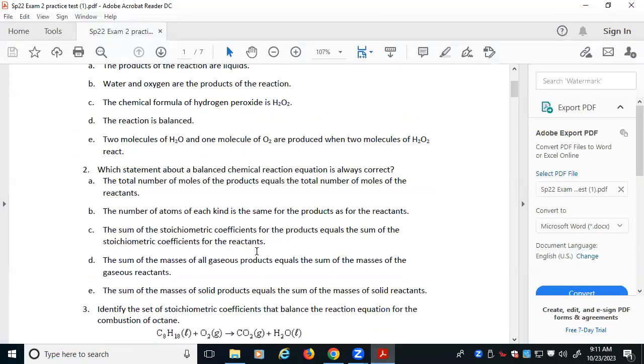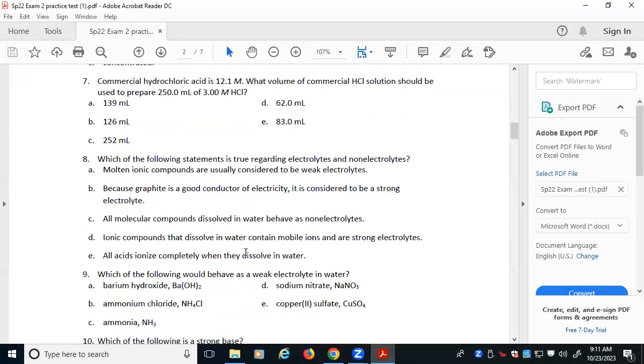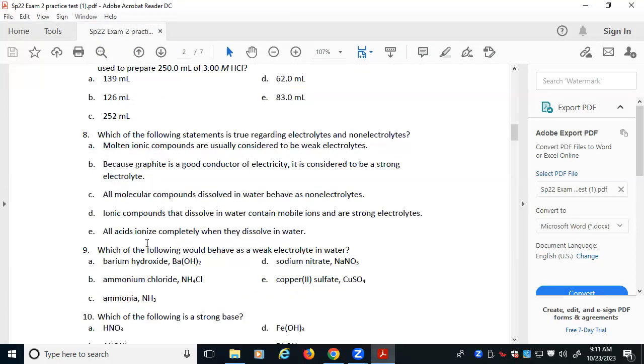Number 8 asks, which of the following statements is true regarding electrolytes and non-electrolytes? Okay, so we have to explore all of these statements.